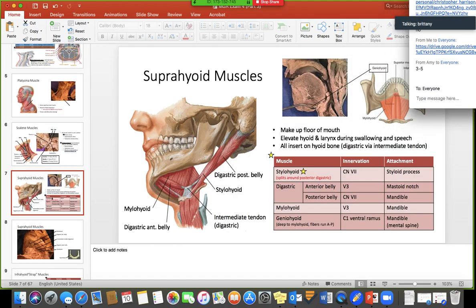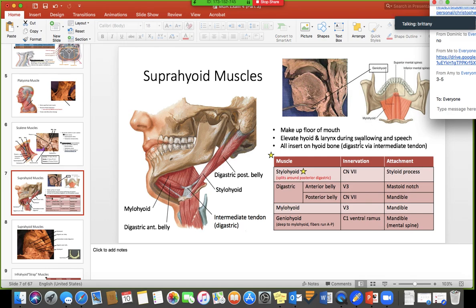All right. Next, we have the suprahyoid muscles. The biggest thing I want to point out here is the stylohyoid muscle and the fact that it's splitting around the posterior belly of the digastric muscle. This one is very obvious in lab. So this is one way you can identify it, and then you'll also see it running from the styloid process down here to the hyoid bone.